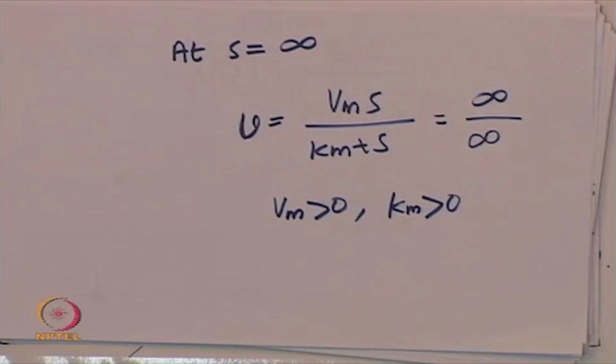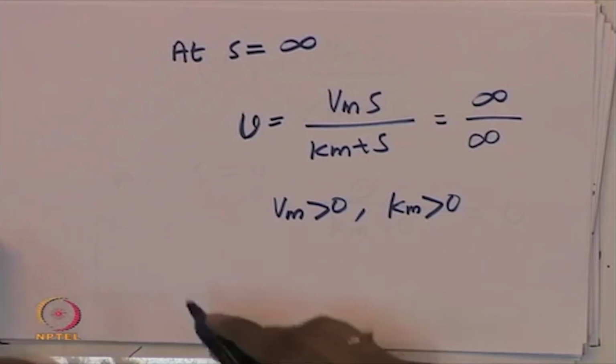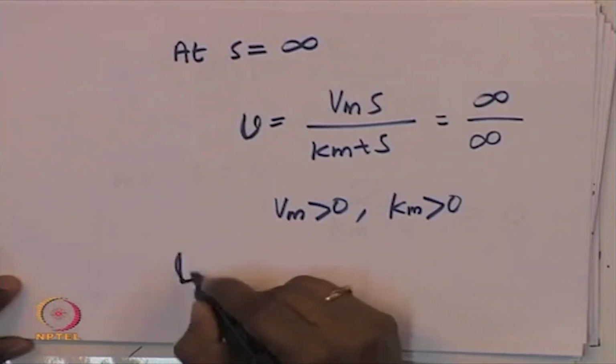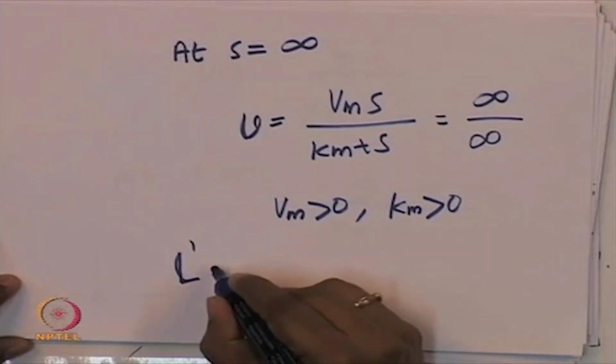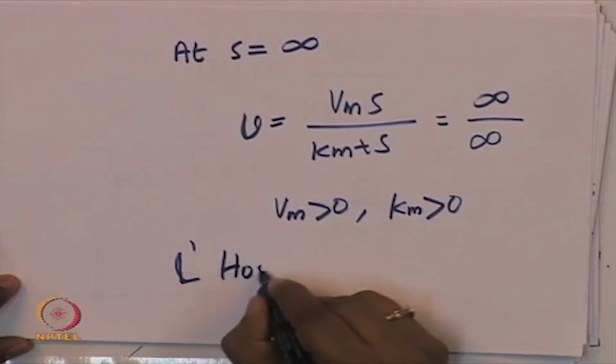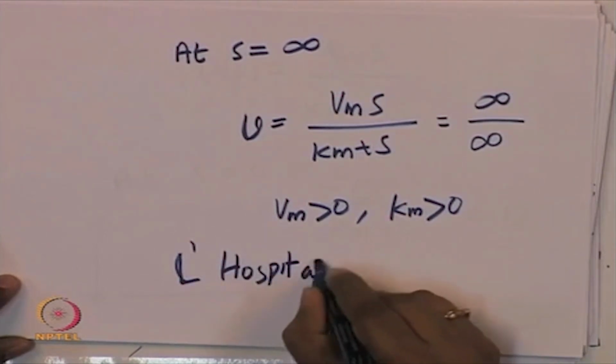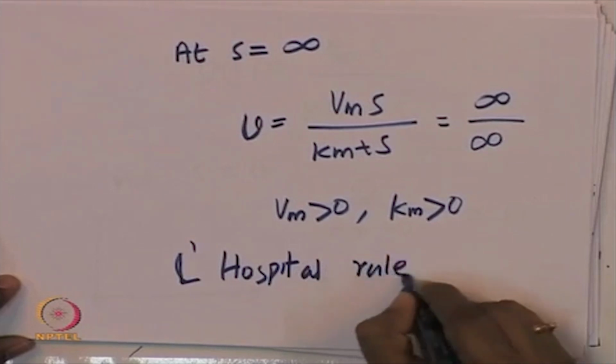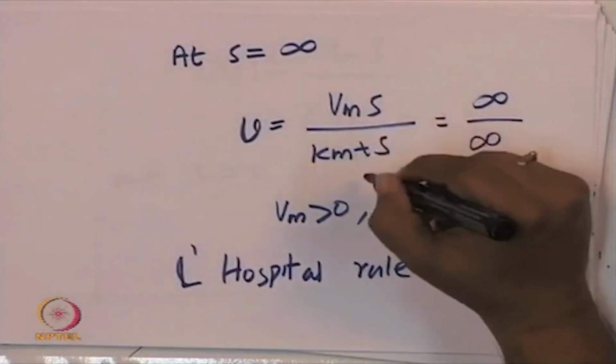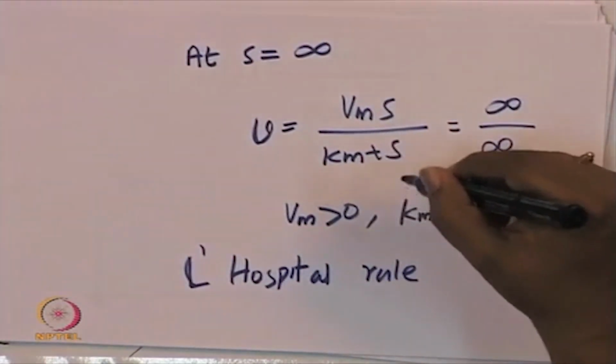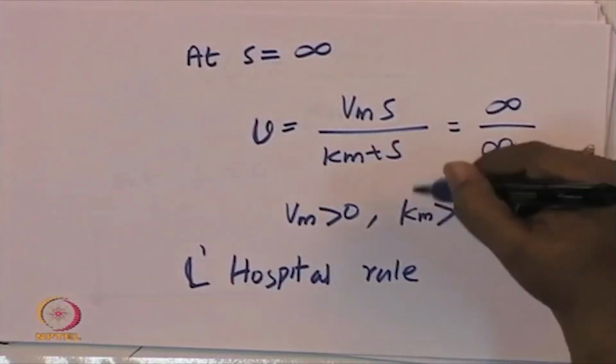Whenever we have such an infinity by infinity form, the rule we discussed is L'Hopital's rule, which is to find the derivative of the numerator and denominator, and then substitute the value of s.